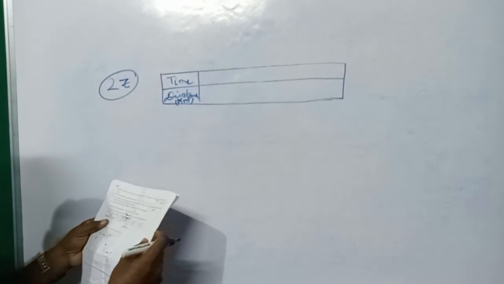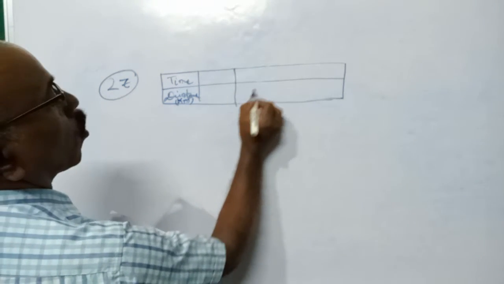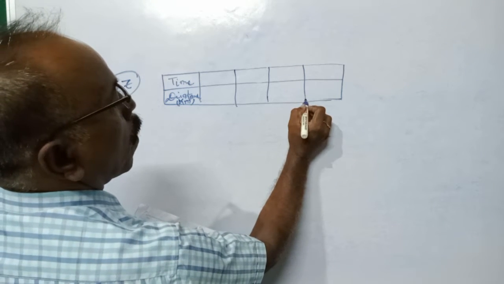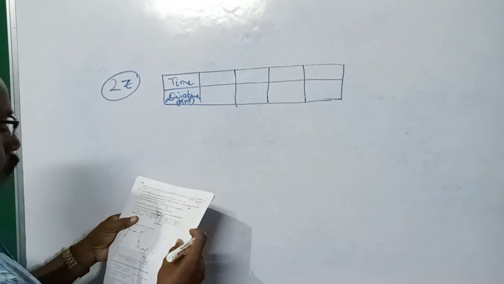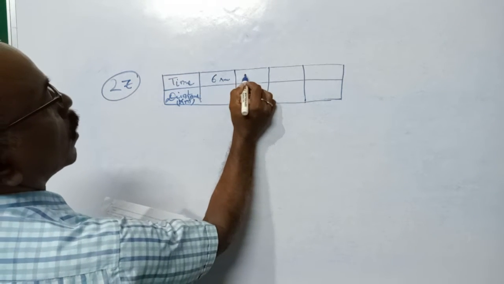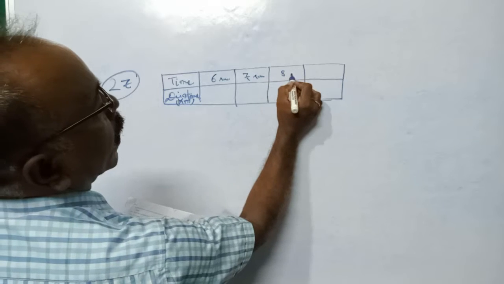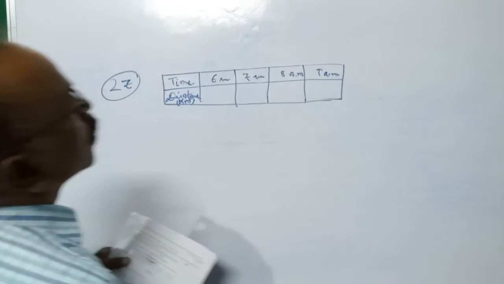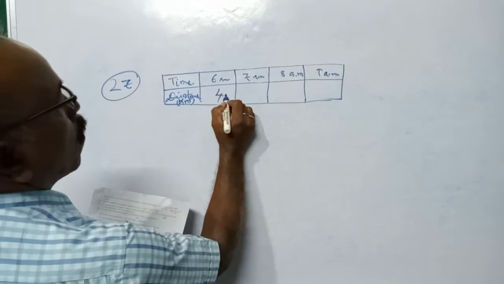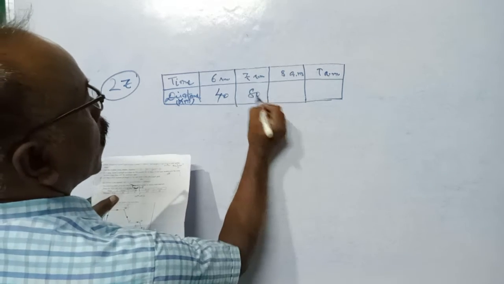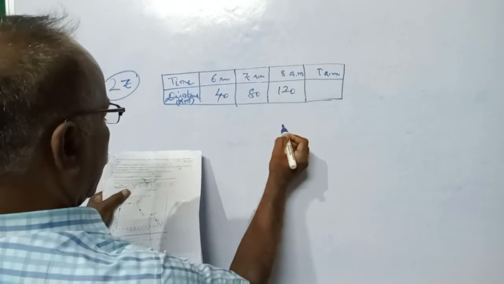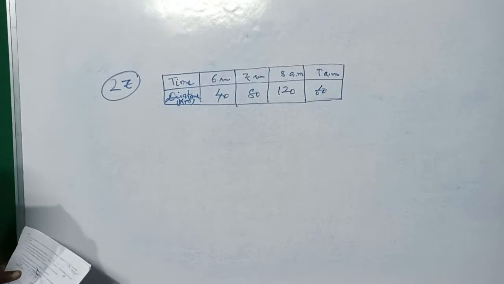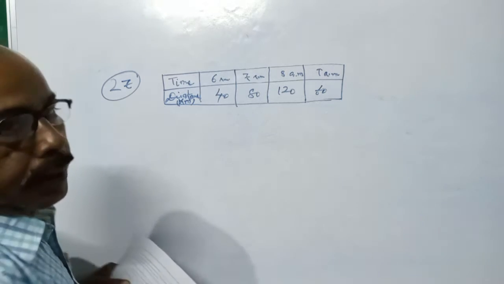Am I clear? 4 coordinates here. 6 a.m., 7 a.m., 8 a.m. and 9 a.m. At 6 a.m. 40, 80, 120 and 60. My dear student, first of all we draw two perpendicular lines on graph paper.